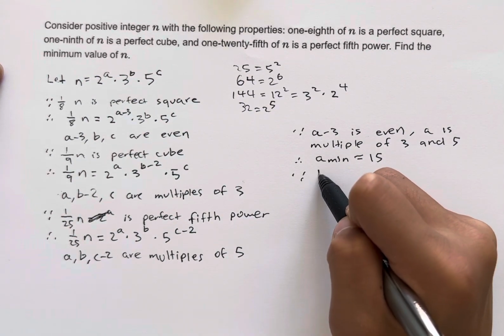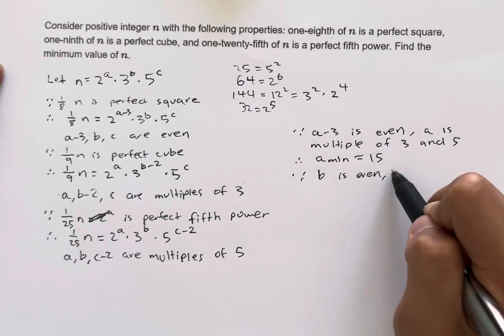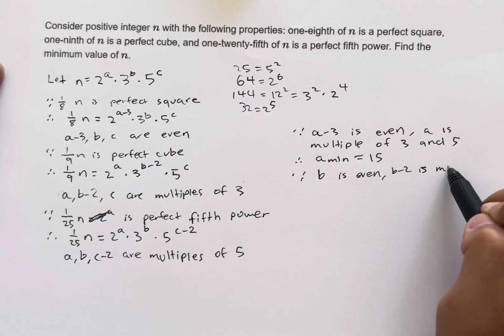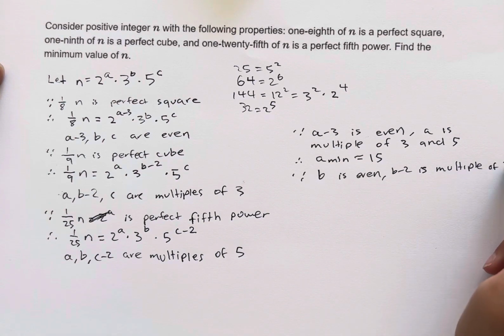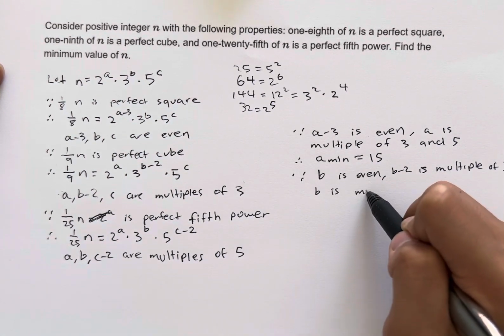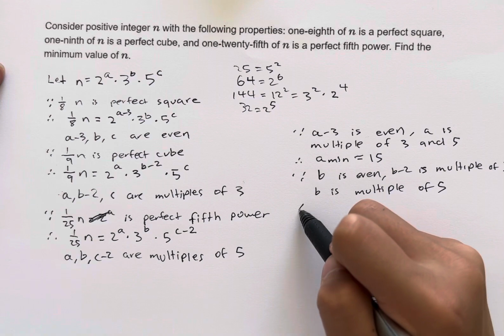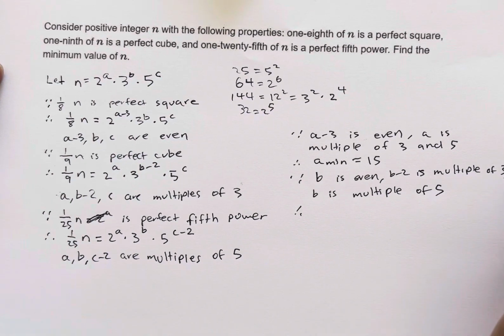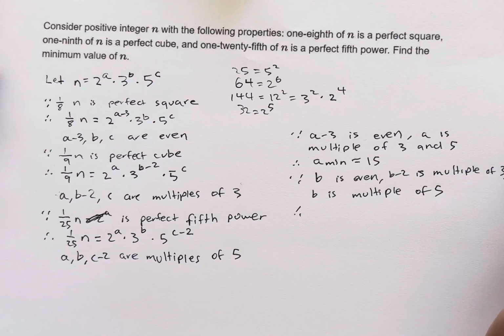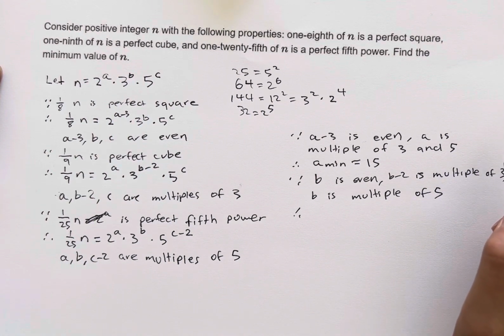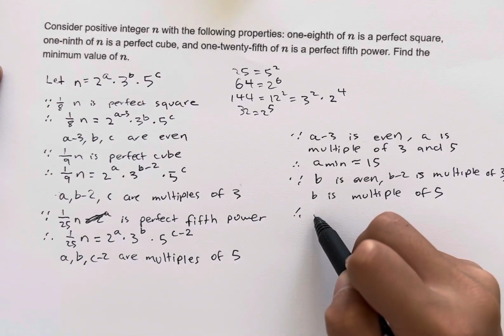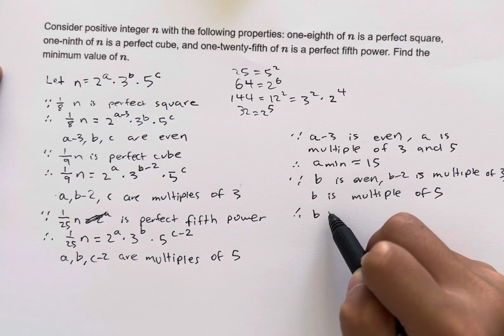Now, b is even, b minus 2 is a multiple of 3, and b is a multiple of 5. Since b is even and a multiple of 5, b must be a multiple of 10. 10 doesn't work because 10 minus 2 is not a multiple of 3. But 20 does work because 20 minus 2 is 18, and 18 is a multiple of 3.